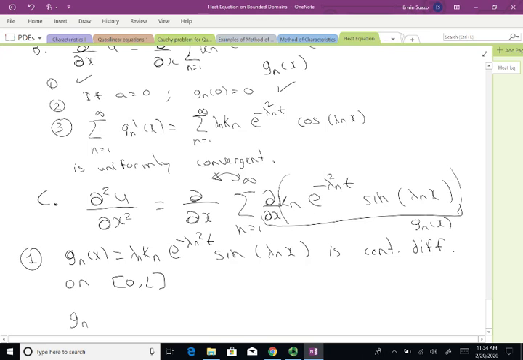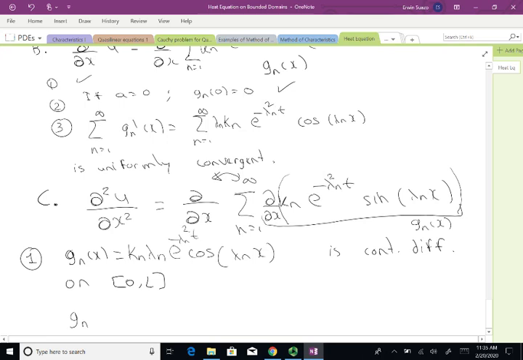Okay, so g_n of x is going to be, the first derivative is cosine, so it's going to be cosine lambda_n x times k_n lambda_n e to the minus lambda_n squared t.